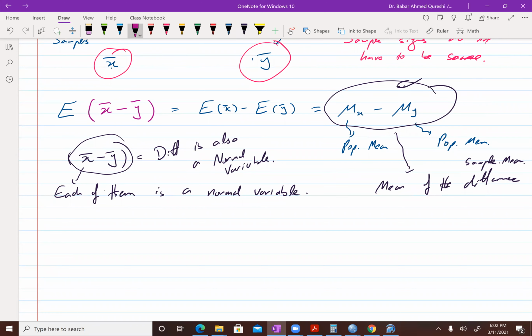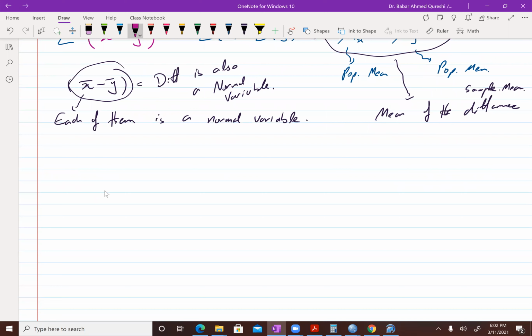And I can also find out the variance of this new variable which I have created, the variable which I am interested in, the difference of the sample means. In the variance, the number in front of each variable becomes squared, so -1 becomes +1.